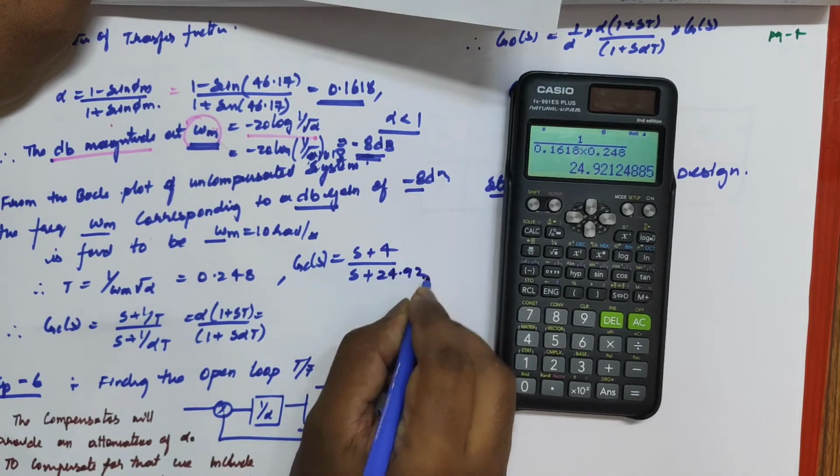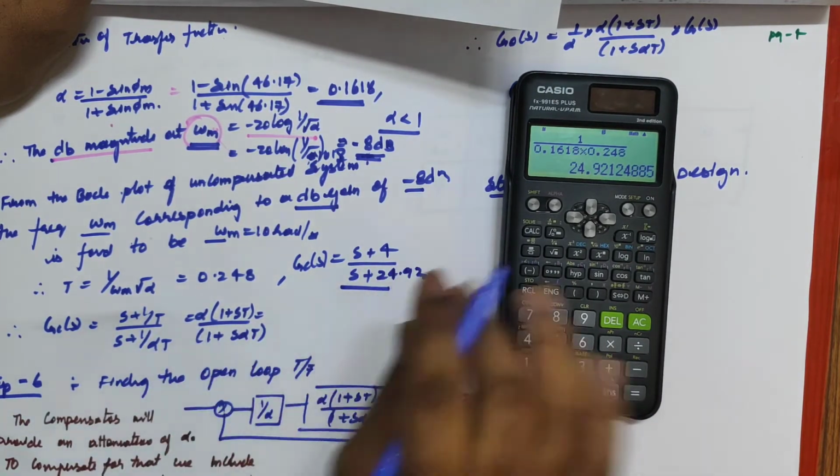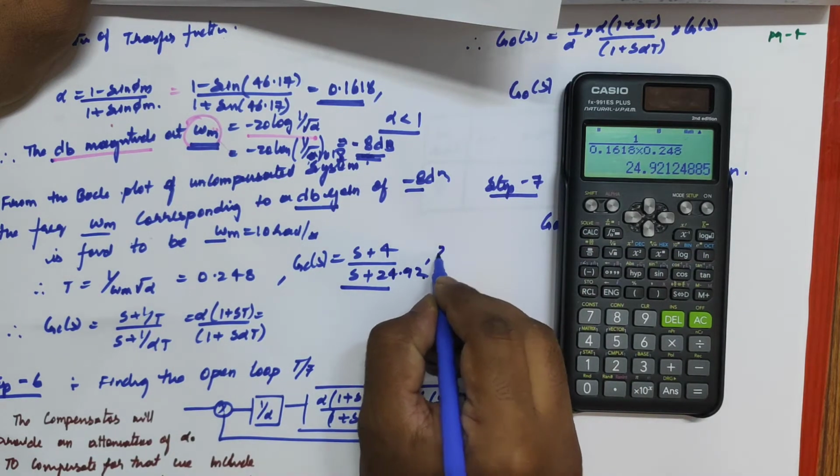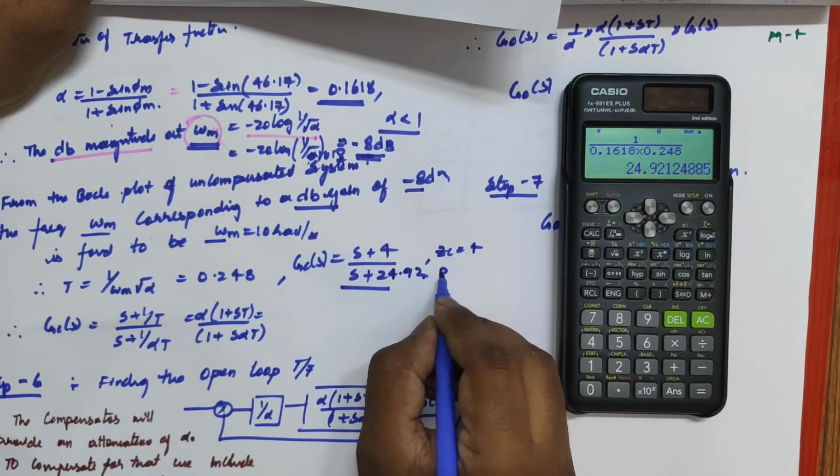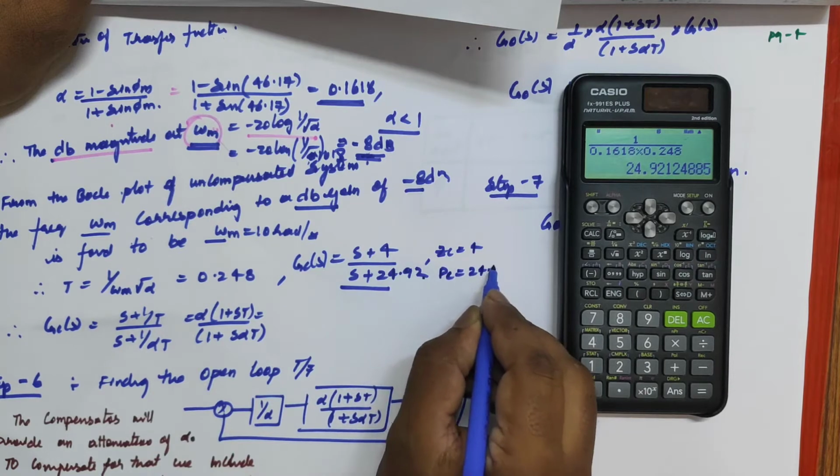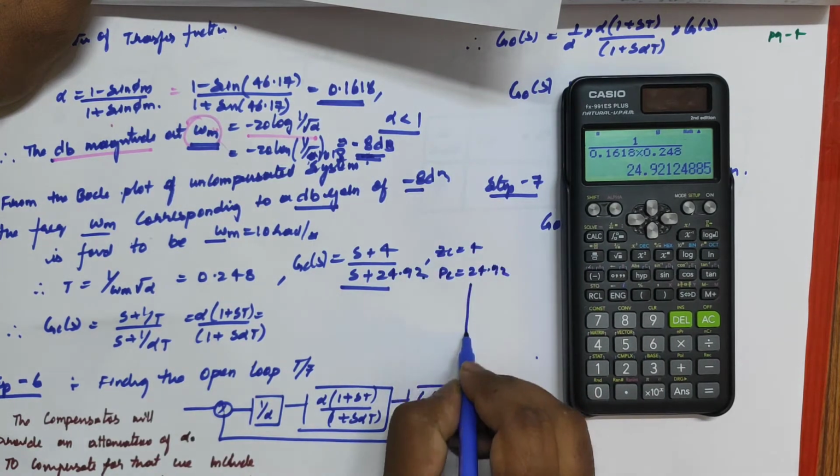So the zero ZC equals 4 and the pole PC equals 24.92. This is the lead compensator I obtained.